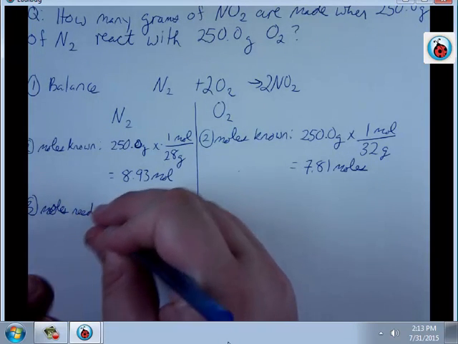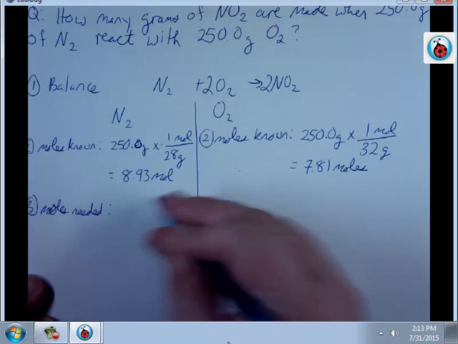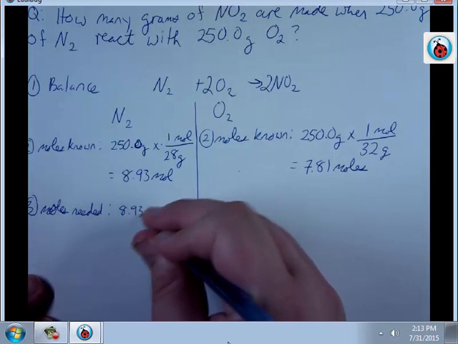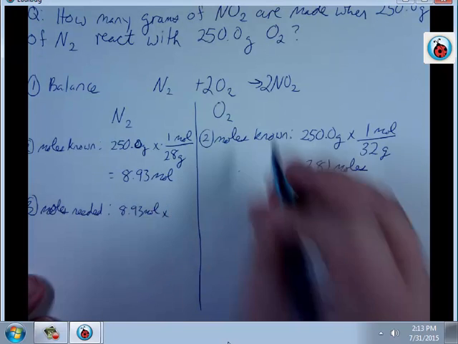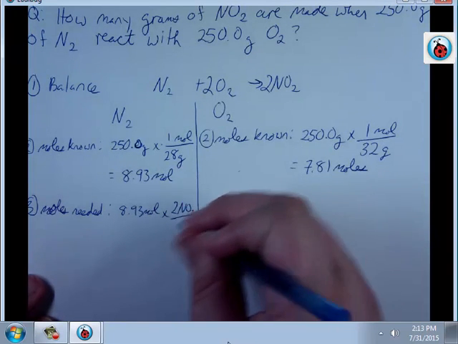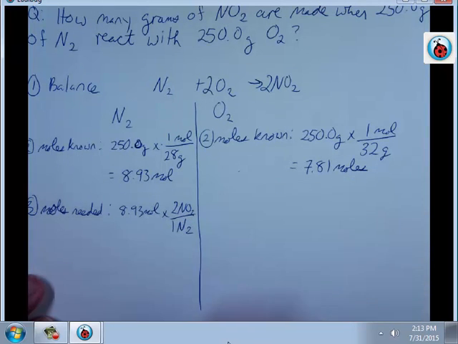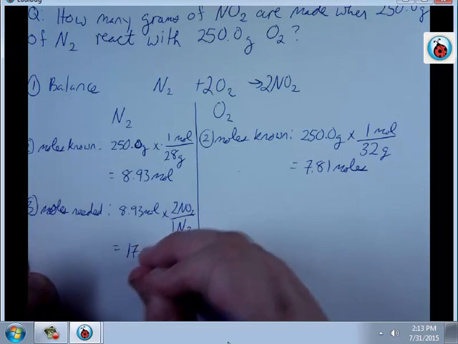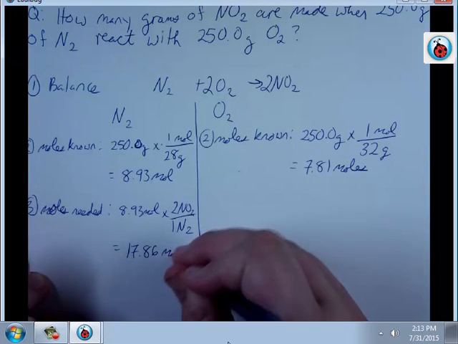Moles needed. 8.93 moles times, if I go back up to here, it's 2 NO2 for every 1 N2. And that gives me 8.93 times 2, 17.86 moles NO2.